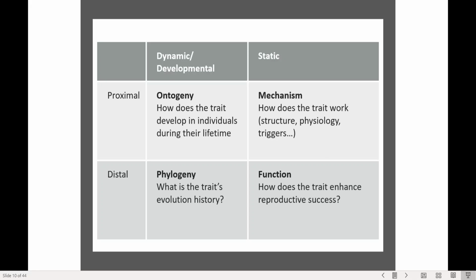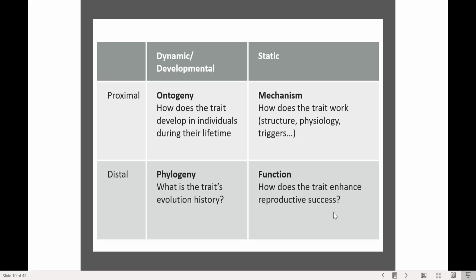And so if you think about what classic biology or medical science tries to do, it typically focuses on the mechanism. So what triggers a specific body reaction, and how can we change that body reaction? Potentially there's even some attention to ontogeny, so developmental trajectories for specific individuals, but the issue of ultimate functions and evolutionary trajectories that can be captured in phylogenies are typically not of interest for medical researchers.